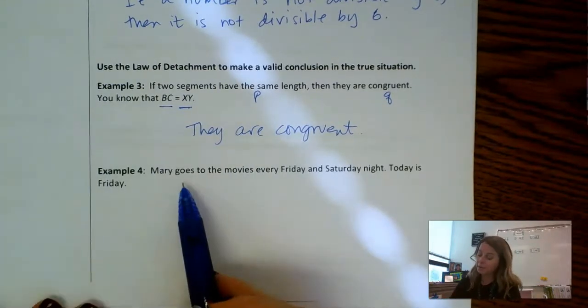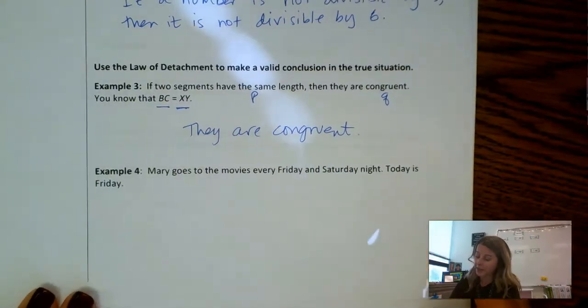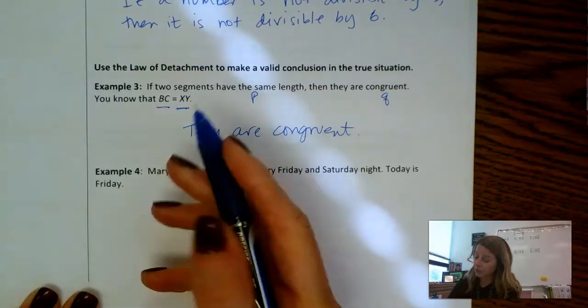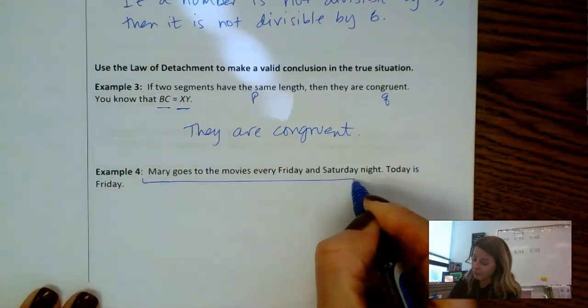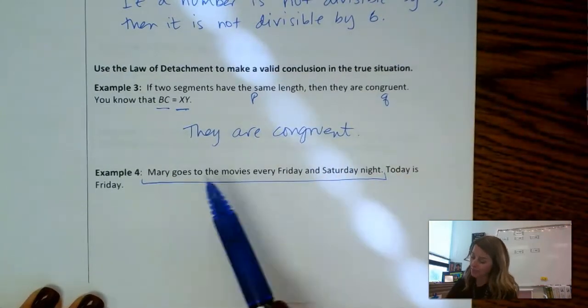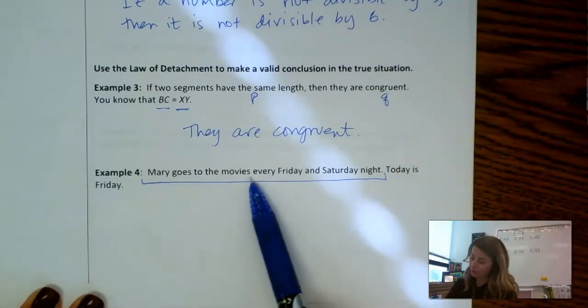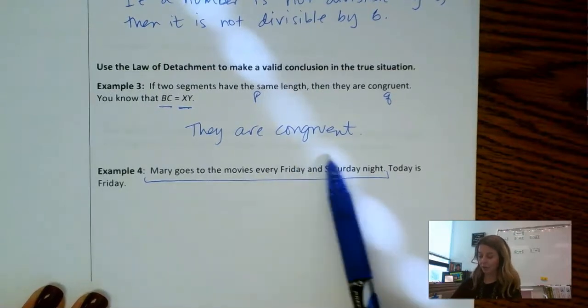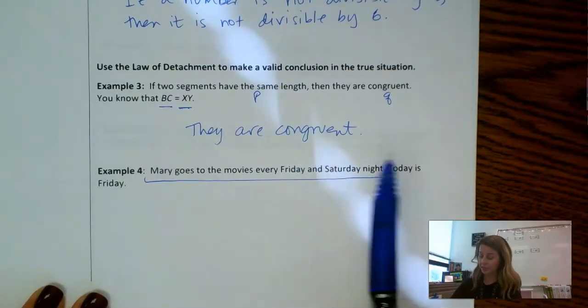Okay, Mary goes to the movies every Friday and Saturday night. Today is Friday. What I'm going to start with is turning that into an if-then so I can talk about hypothesis and conclusion. Your hypothesis is actually here at the end.